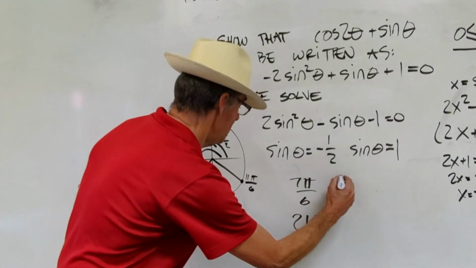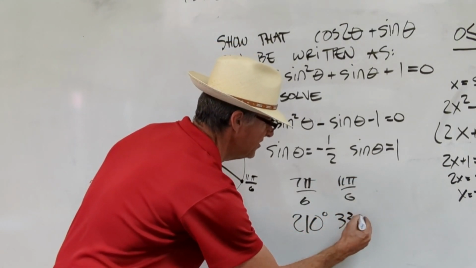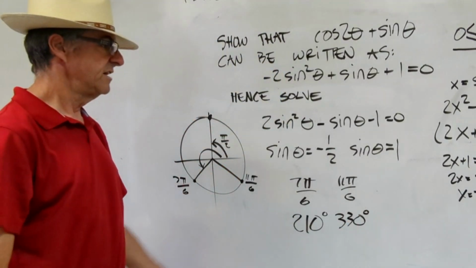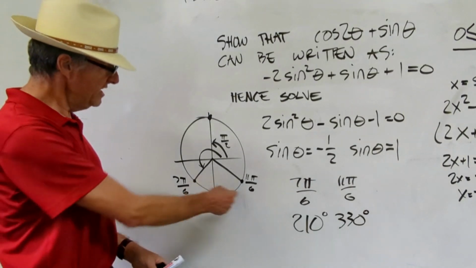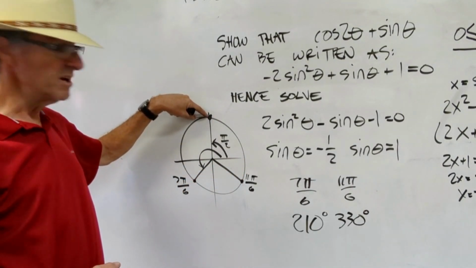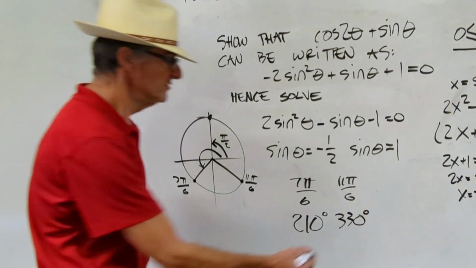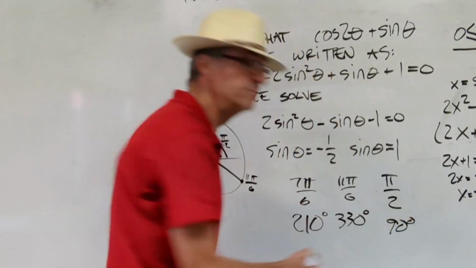So it's going to be 11 pi over 6, or 330 degrees. Now this last one, sine theta equals 1, only happens one time in 360 degrees, or 2 pi radians, and that happens at 90 degrees. We're up here where sine theta is 1, so that's just pi over 2, or 90 degrees.